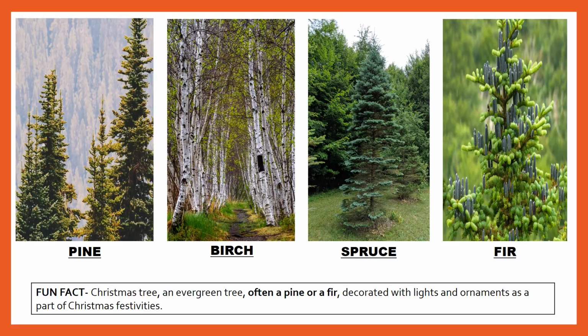The coniferous forests are evergreen, and species like pine, fir, spruce, and birch trees are found here. So there's one fun fact: the tree that we decorate when we celebrate Christmas is either a pine or a fir tree.